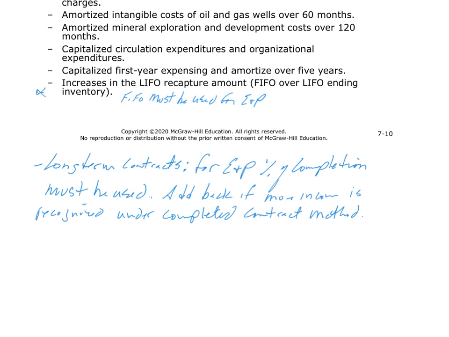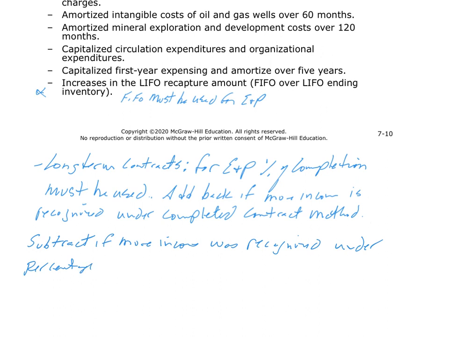All right, I'm going to move up a little bit. Okay. And then what if more income was recognized under the percentage of completion method? Well, then you have to subtract. Subtract if more income was recognized under percentage completion method.